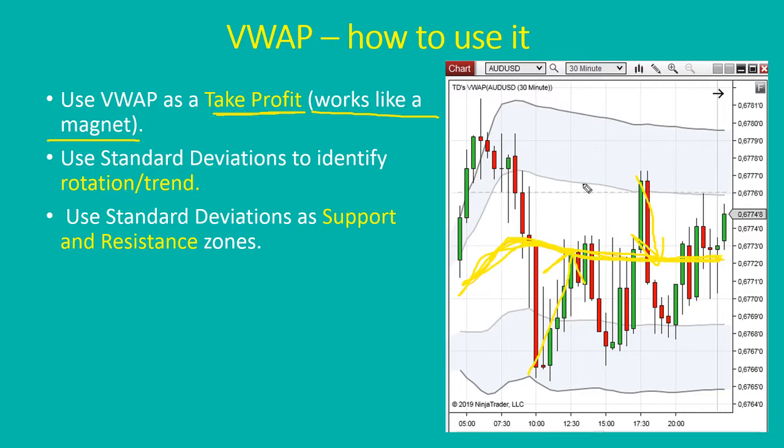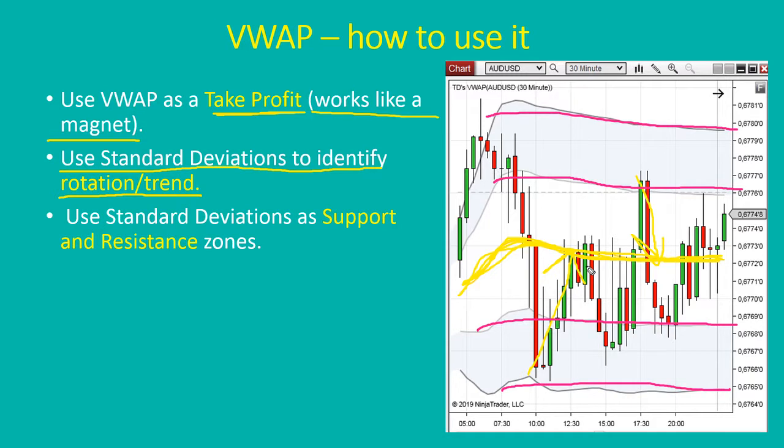Now, another thing how you can use the vwap is use standard deviations to identify whether market is in rotation or in a trend. In this picture, you can see the deviations are horizontal, which means that the market is in a rotation.